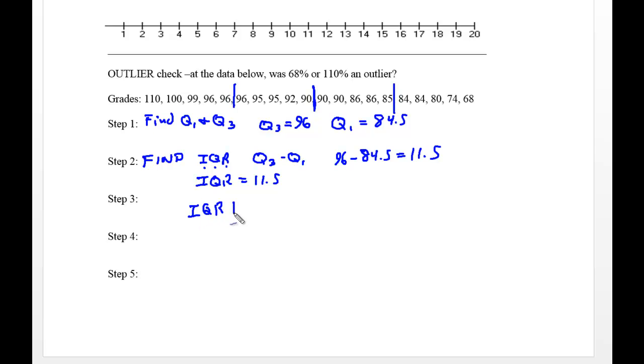Now what we're going to do with that IQR, that 11.5, is multiply it by 1.5. Whatever your IQR is, you multiply it by 1.5, and that will give you your gap for your outlier bounds. So we're going to take our 11.5 and multiply it by 1.5, which gives us a total of 17.25.